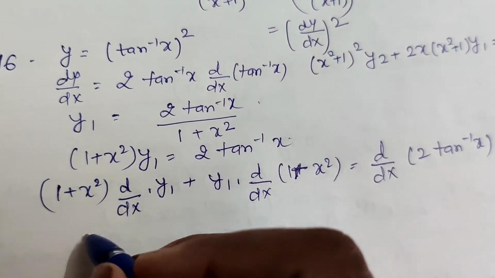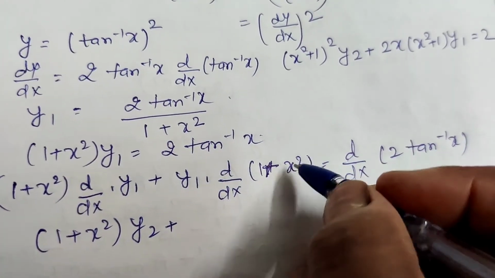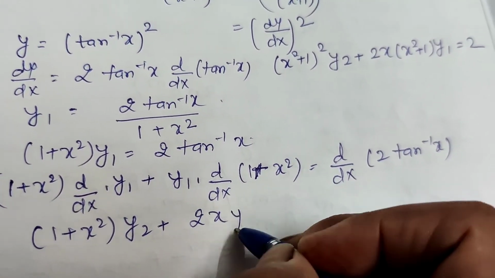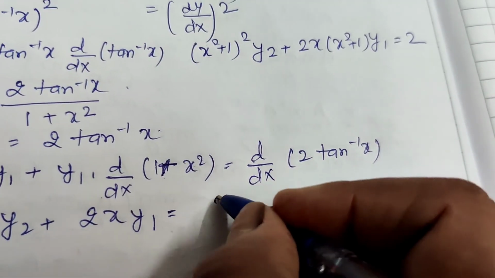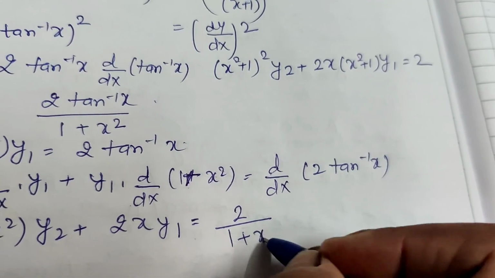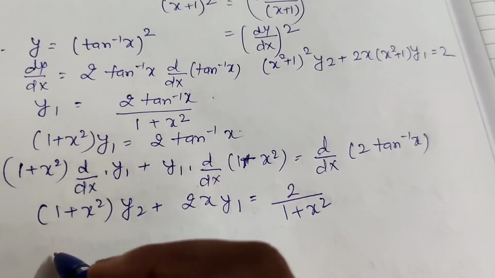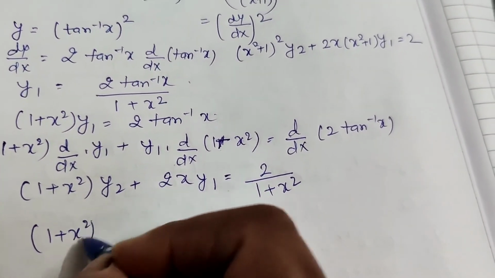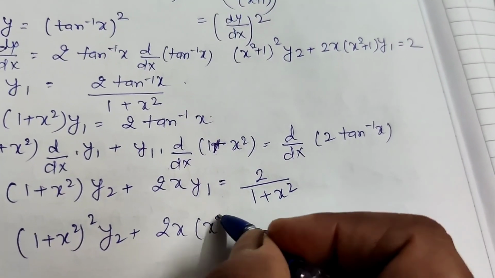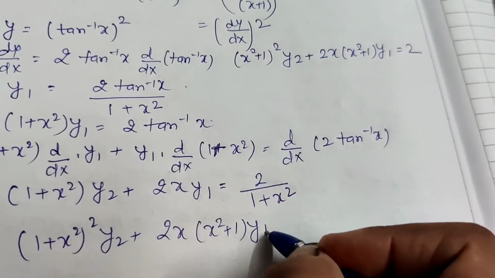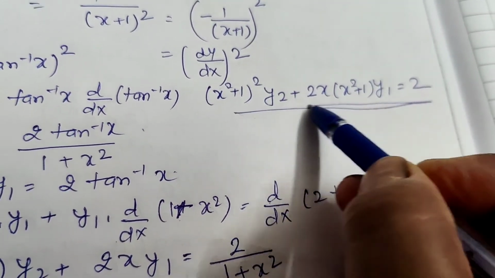It is equal to 1 plus x square y2 plus 2x y1 equal to 2 upon 1 plus x square. Now cross multiply: 1 plus x square whole square y2 plus 2x into x square plus 1 y1 equal to 2. This is what we have to prove.